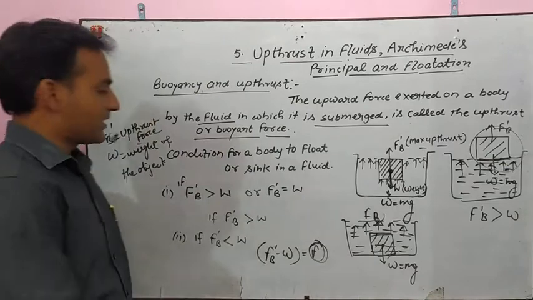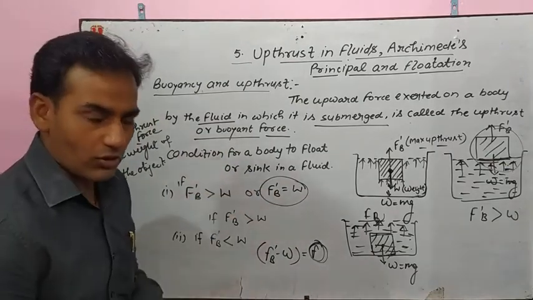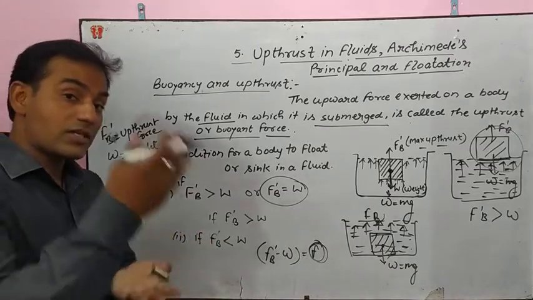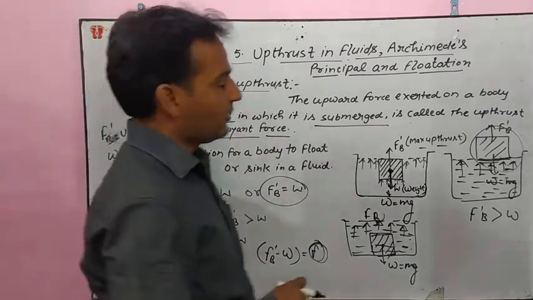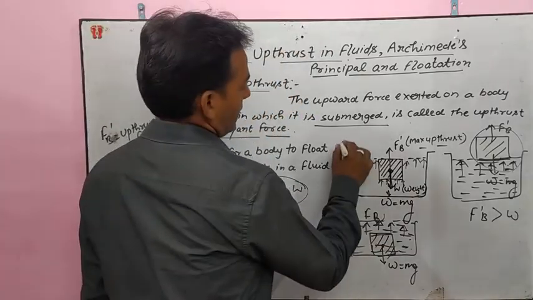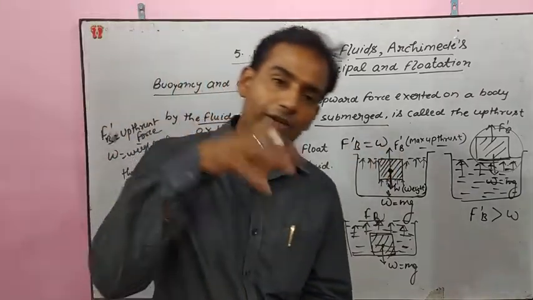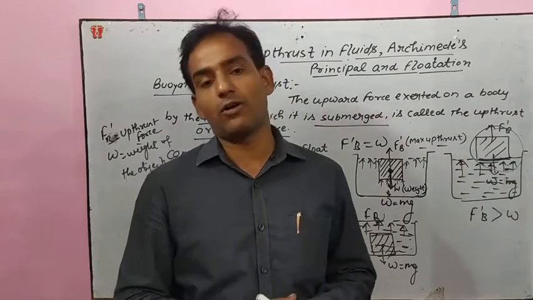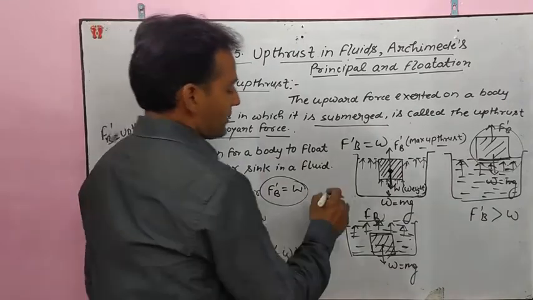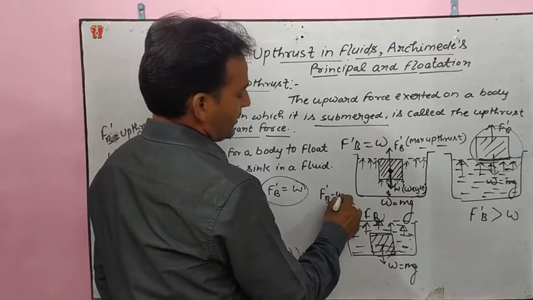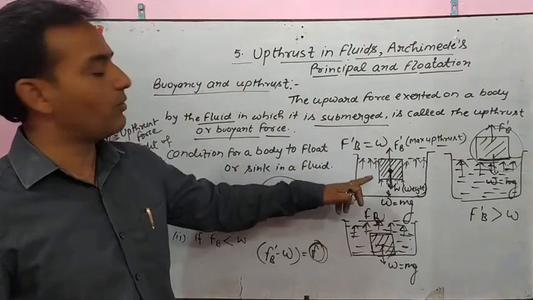Now let us see the second condition. In both of these conditions the object will float, but on the surface and just below the surface are two different conditions. Now if F dash B is just equal to W, that means the weight of the object and the upthrust force working on it are equal, there is no difference, or F dash B minus W is 0, in such cases the object will float like that.